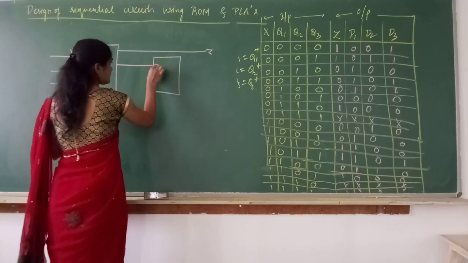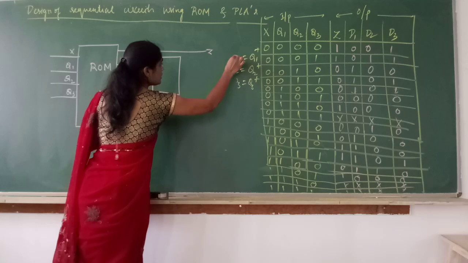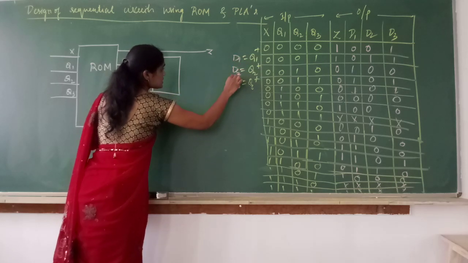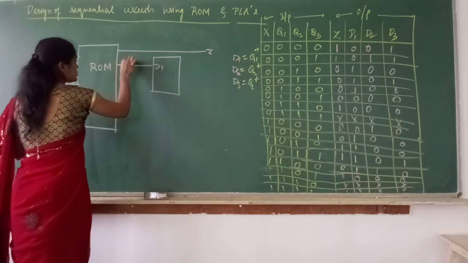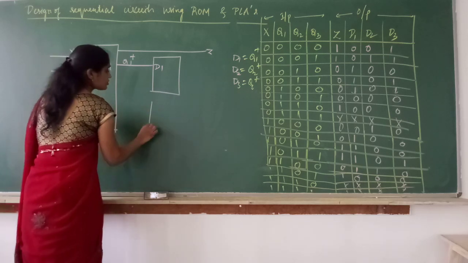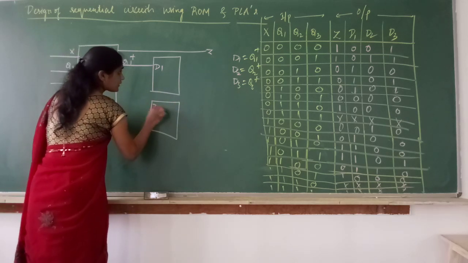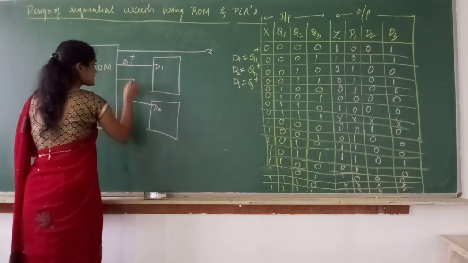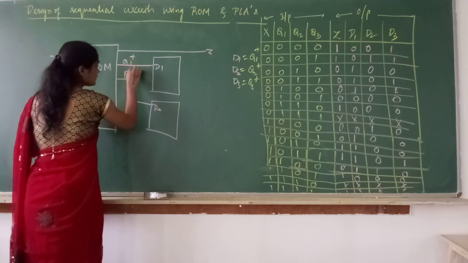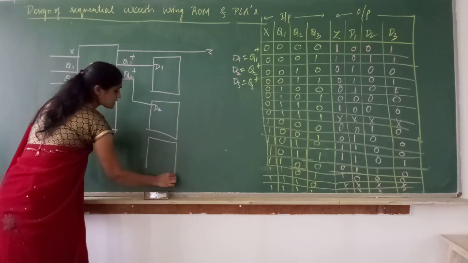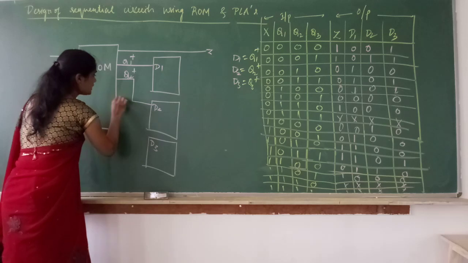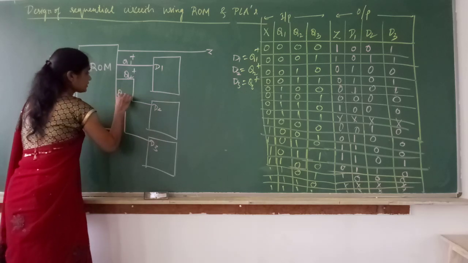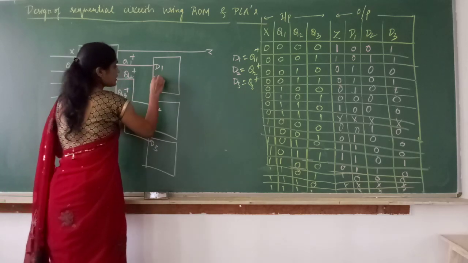D1 is nothing but Q1 plus, the output of ROM. D2 is Q2 plus, again the output of ROM. And D3 is again the output of ROM, which is nothing but Q3 plus.